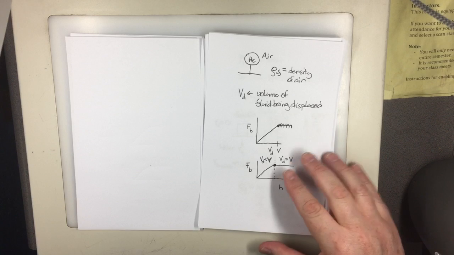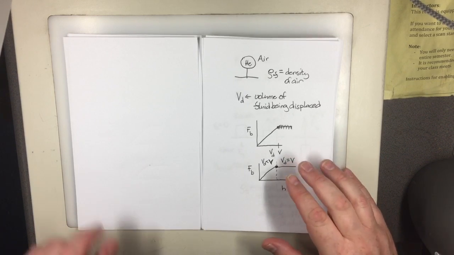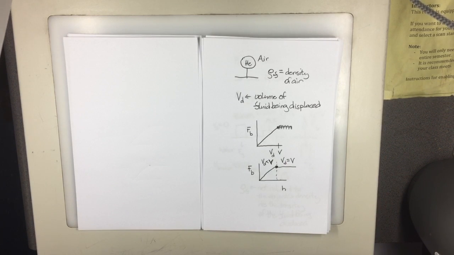Now, an example, well, this is something that we need to talk about. In Test 1 and Test 2 material, we've used the concept of translational equilibrium, the fact that the sum of the forces in the vertical are equal to 0.